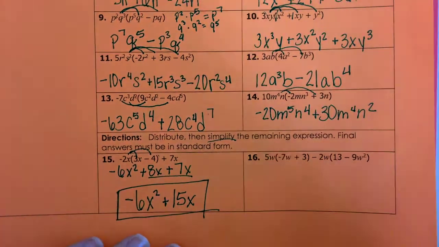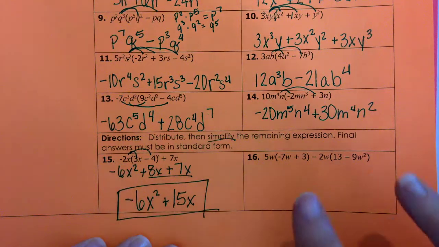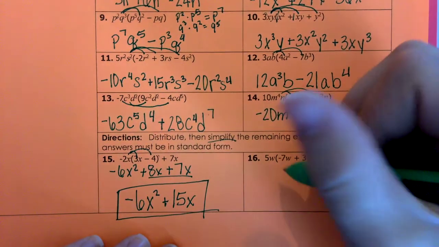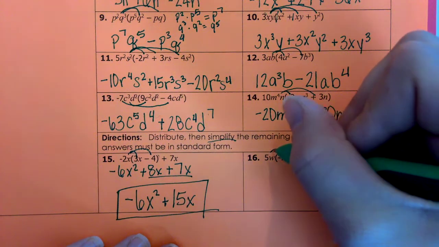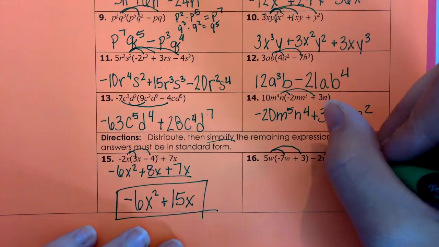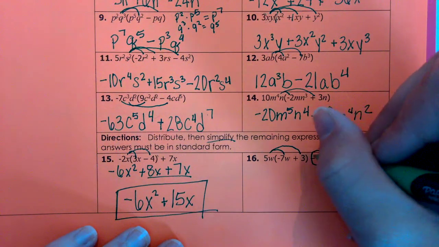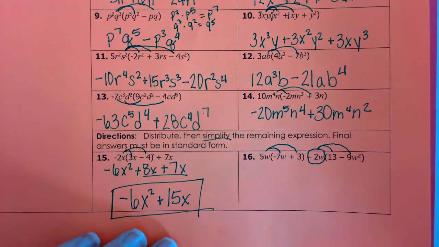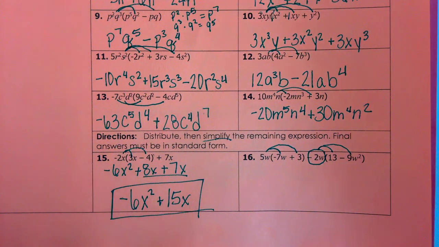Now that we've seen an example where we have one thing to multiply, in number 16 we're going to use monkey arms twice. I'm going to take this 5w and multiply it by the two things in the parentheses right behind it. Then I'm going to take a negative 2w, because there's a minus sign in front that makes it negative, and multiply it by the two terms on the inside of the parentheses.